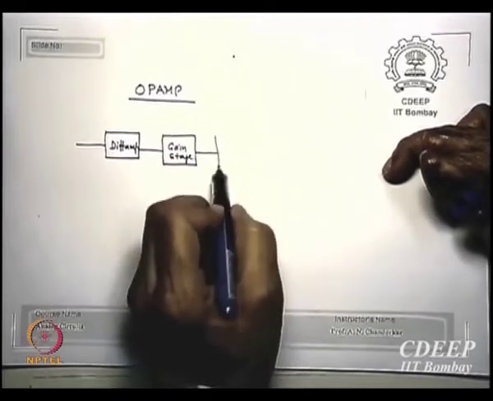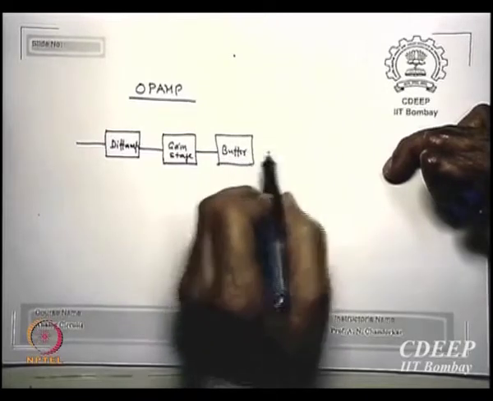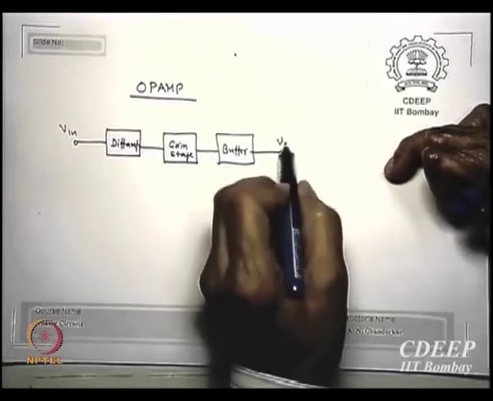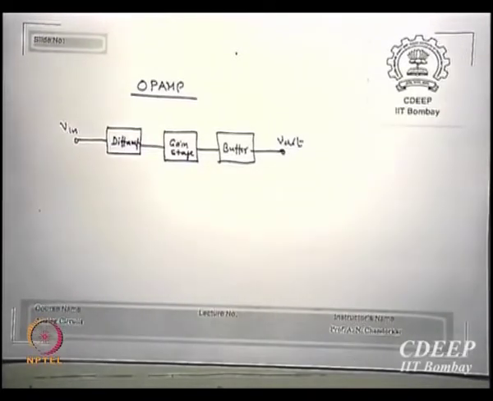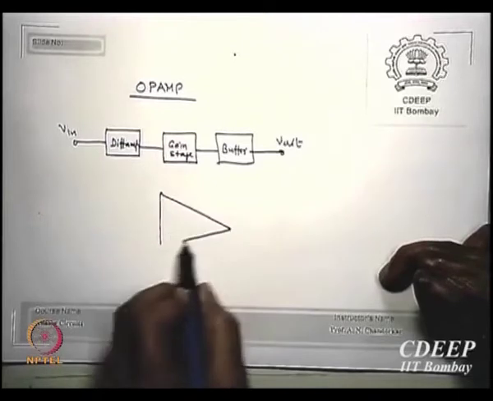And finally, a typical op amp has 3 stages: differential amplifier, followed by a gain stage, followed by a buffer stage. Any op amp you see, you only see this.